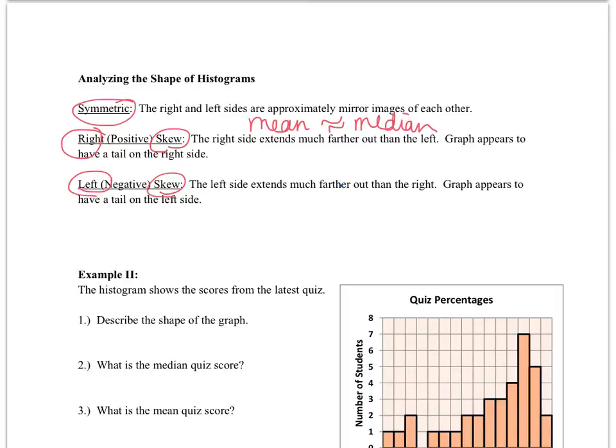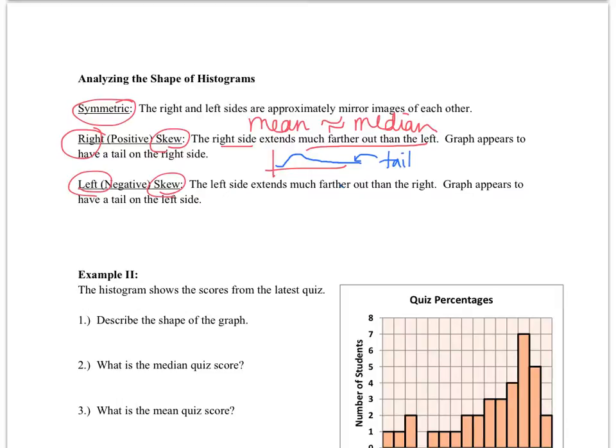In the second case, we have what's called a right skew. And in a right skew, the right side extends much further out than the left. And that would be a graph that kind of looks like this. We might have the majority of the data clumped here, and then some stragglers down there. And this part right here that's kind of your stragglers is what we call the tail.